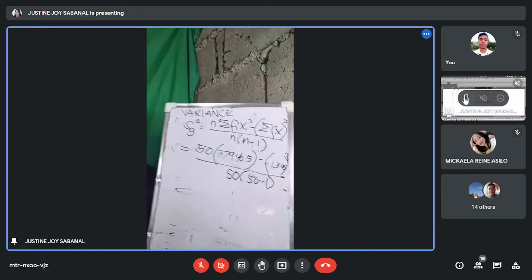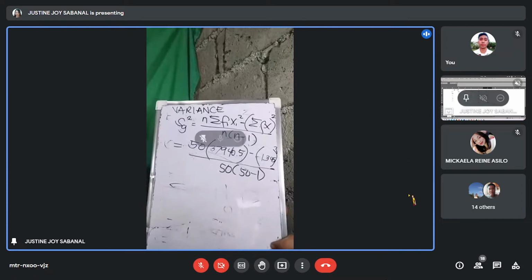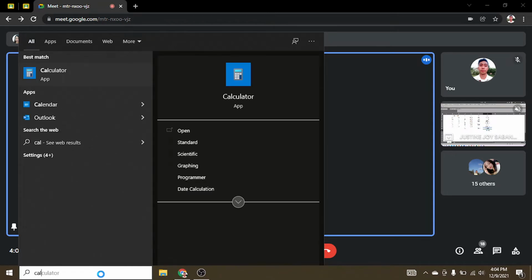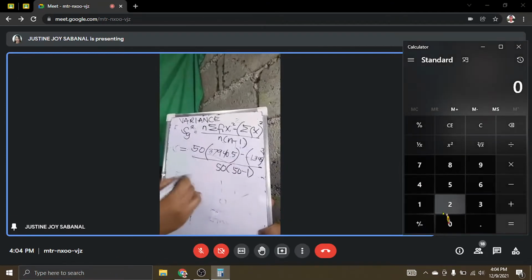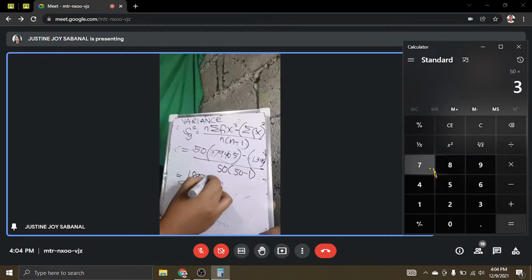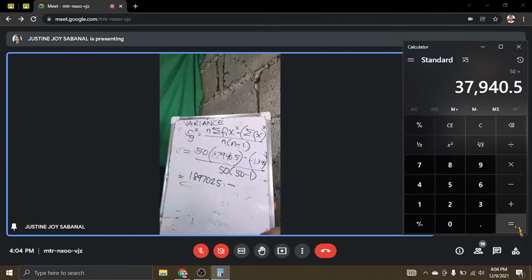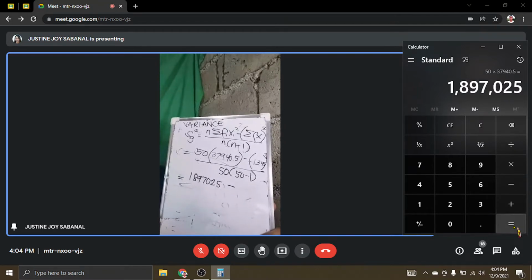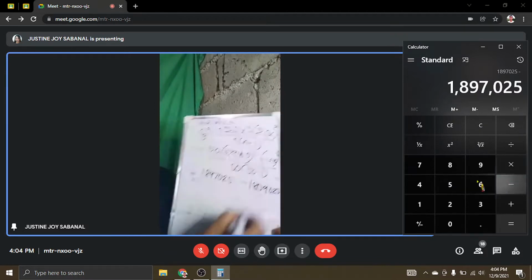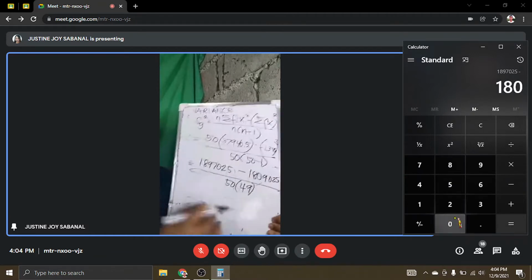Minus 1. So, multiply nyo muna 50 times 37,940.5. So, we have 1,897,025 minus yung po value na 1,345 squared, that is 1,809,025, divided by 50 times 50 minus 1, which is 49.